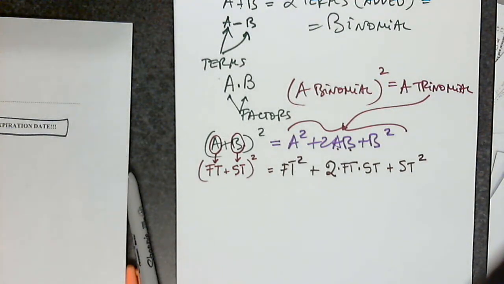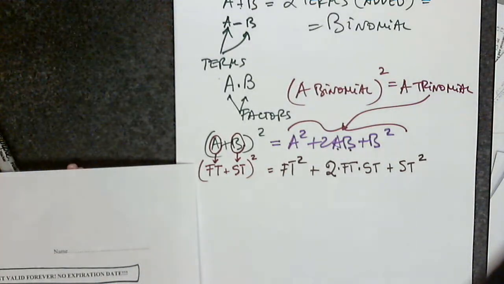I'm not going to make you repeat after me, but I'm going to repeat it many times throughout the semester. And I want you to remember it. First term plus second term squared equals first term squared plus 2 times the first times the second plus the second term squared.